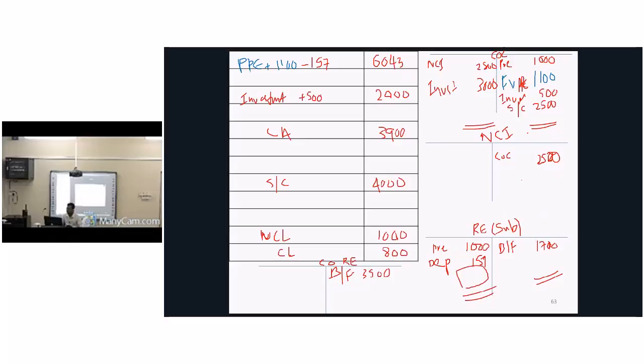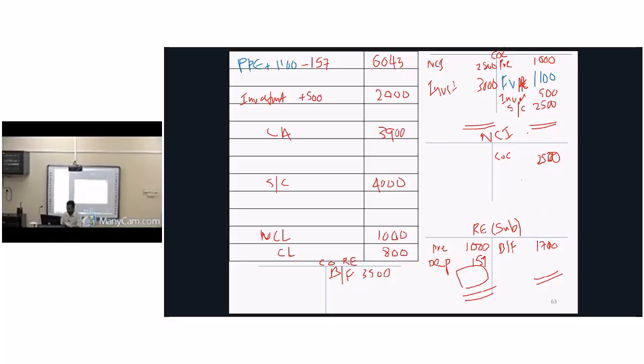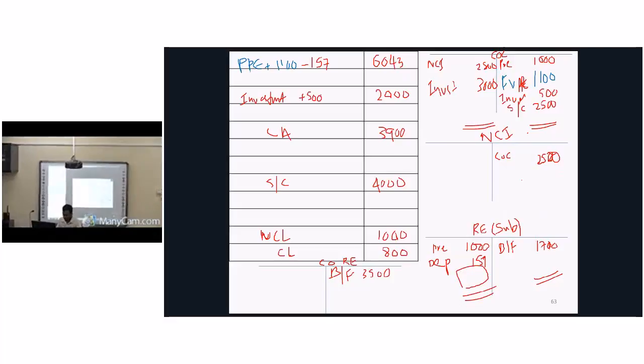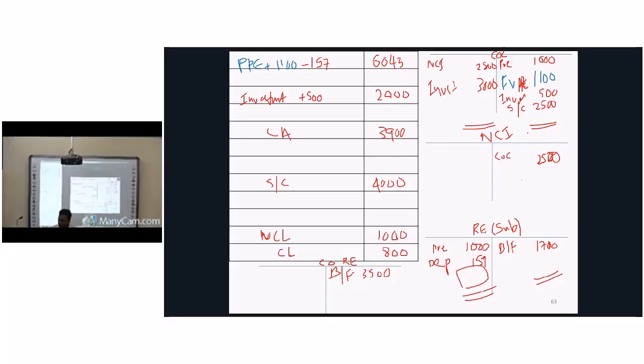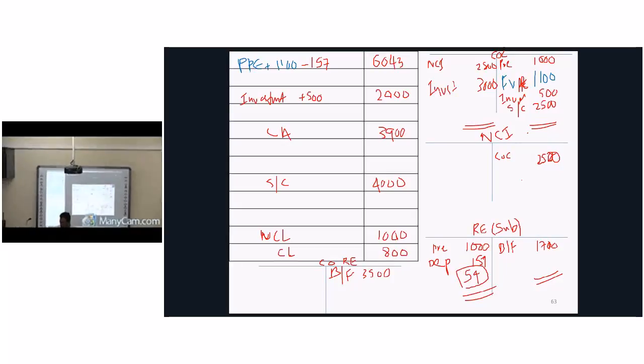What is post acquisition reserves in this one? 1700 minus 1157. Here 543, this is my post acquisition reserves.